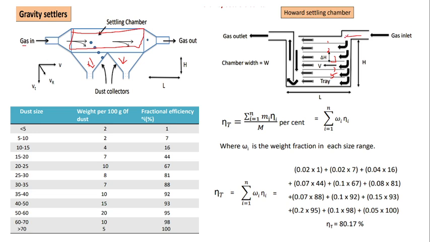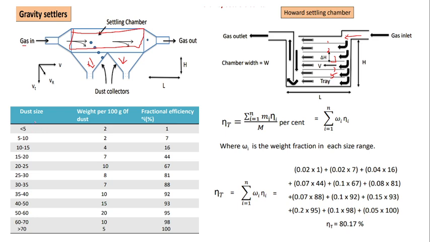So they are reducing it so that the settling happens much quicker and the efficiency is higher, by dividing the height into small sections with many trays in the settling chamber. This is called the Howard settling chamber.